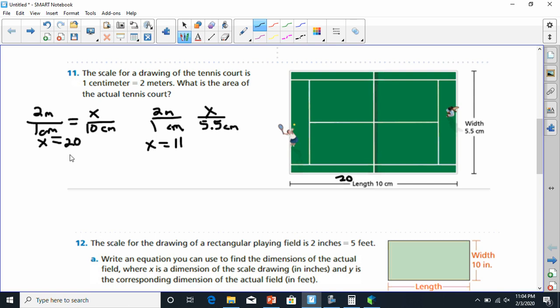Let's see, 20 and then 20 again. That's going to give us 220. So the area of the tennis court is 220 square meters.